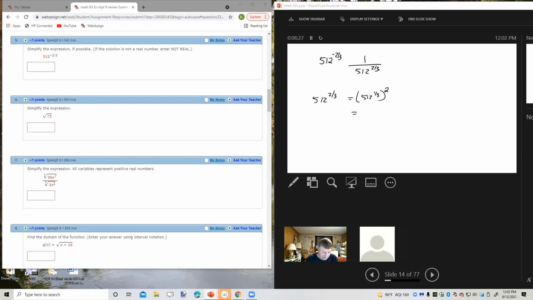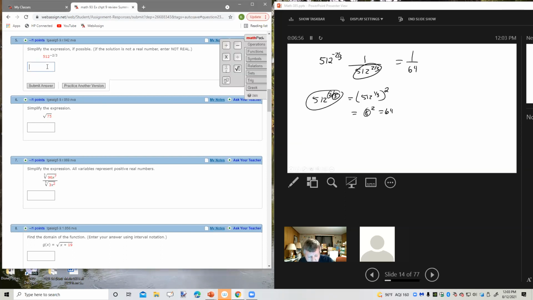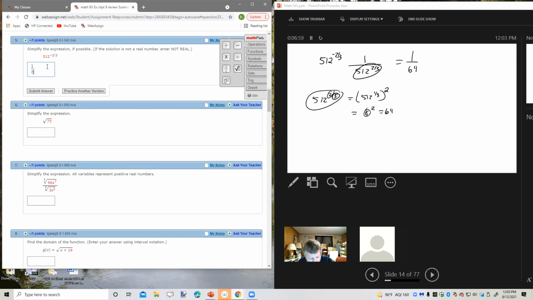I'm just going to raise it to the 1/3 power. So 512 to the parentheses 1 divided by 3 power is 8. So this is 8 squared, which is 64. So I'm going to take the cube root of 512 and get 8, and square it and get 64. Again, if you have any questions about what I did, or you missed something, let me know. I'd be happy to go back and talk about it.